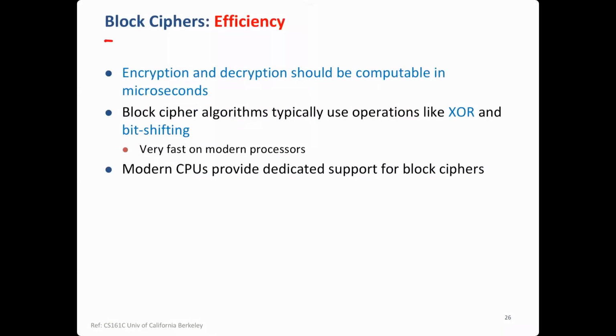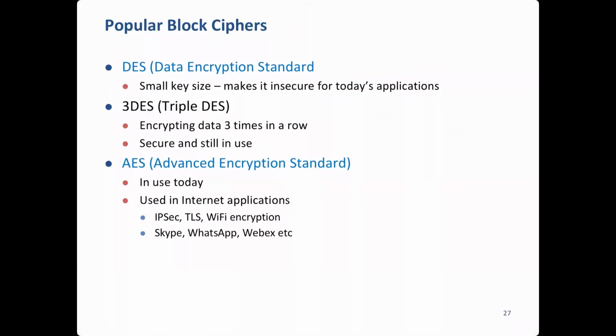Obviously, block ciphers have got to be efficient. They should work fast, in nanoseconds or microseconds. Otherwise, no one will use them. All right. Now there are 3 types of encryption standards in use. First is called DES, which we'll study today. Second is a type of DES, essentially doing DES 3 times in sequence.